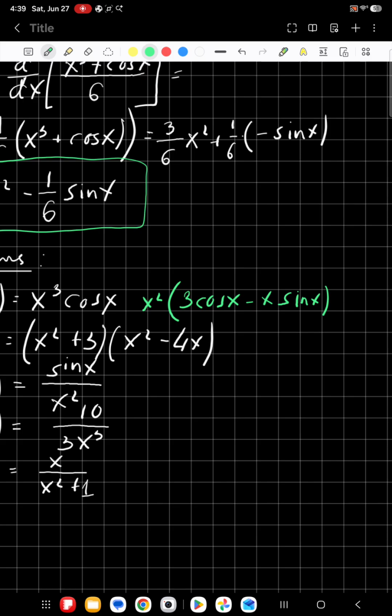Then the second one is 4x cubed minus 12x squared plus 6.